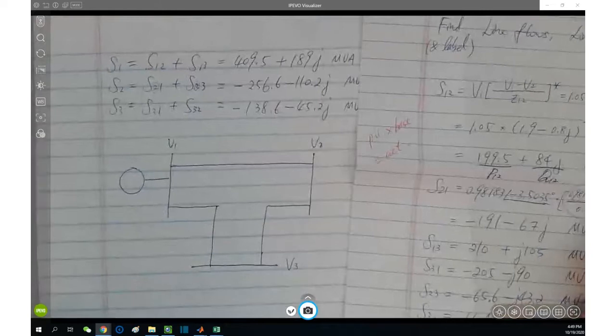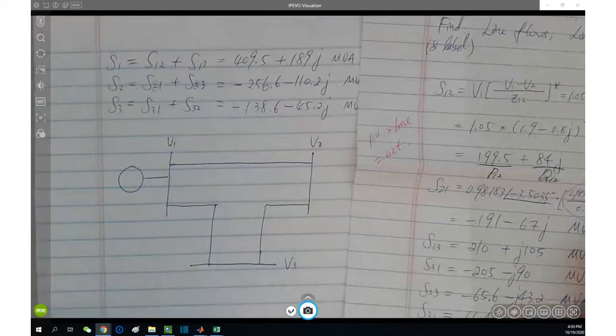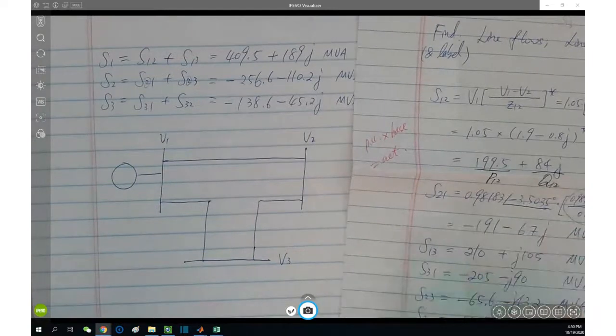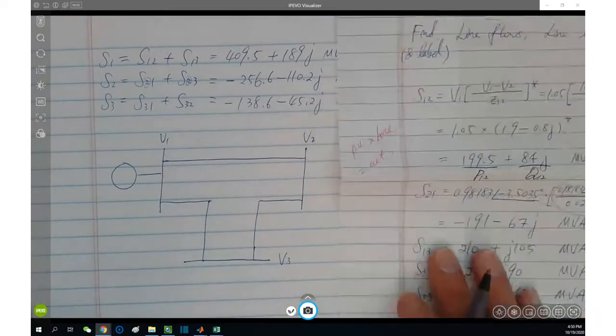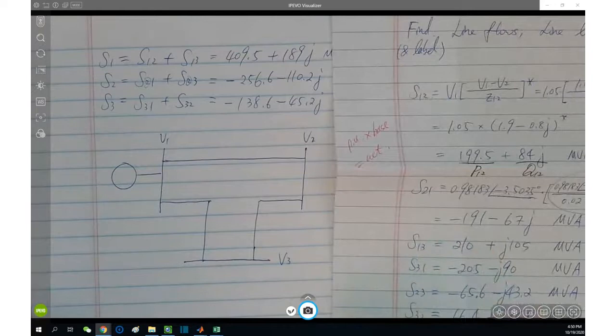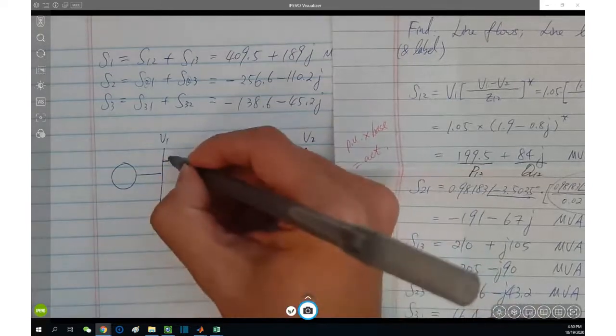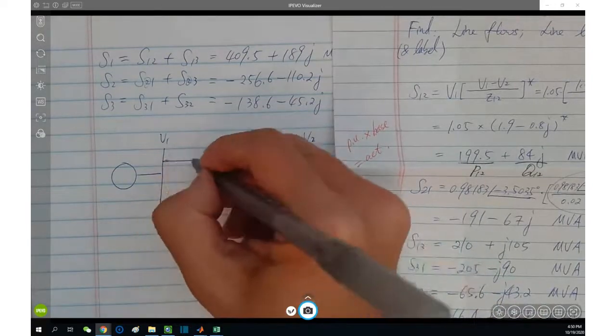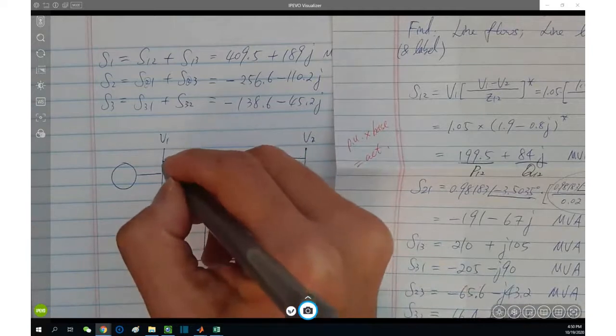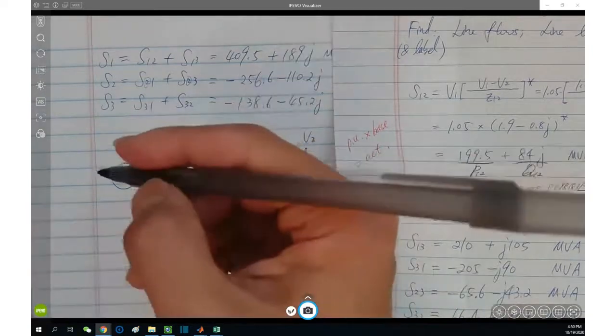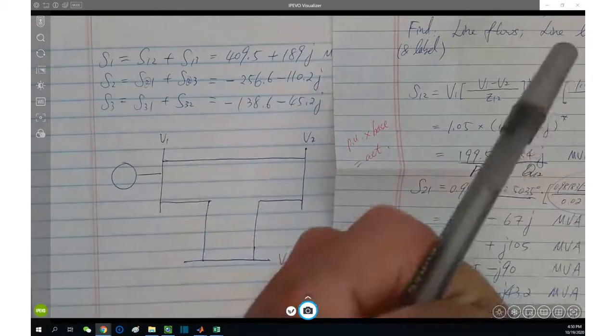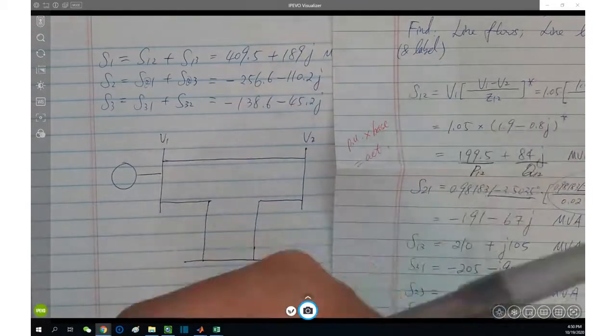So how we label it: first of all, we are labeling the S value, not the per unit value. Second, we are separating active and reactive power. Therefore, how to label this? One power along the line is active and the other is reactive. So we label them on two different sides of the line.